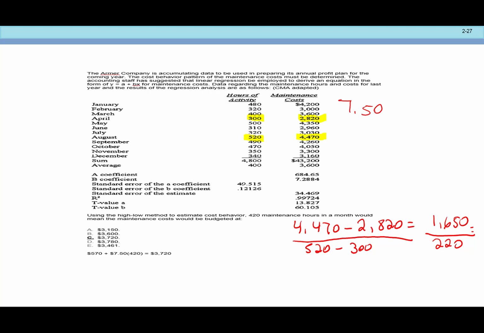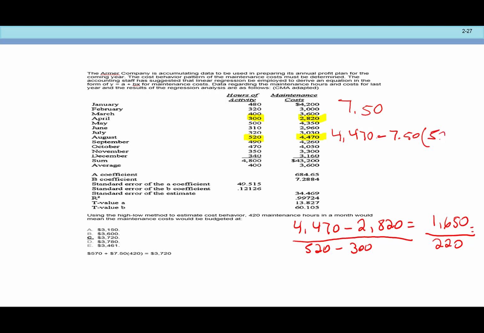Then we had to figure out the fixed cost. And for fixed cost, do you want to use the high or low? You want to use the high. 4,470 minus 7.50 per unit times how many units?